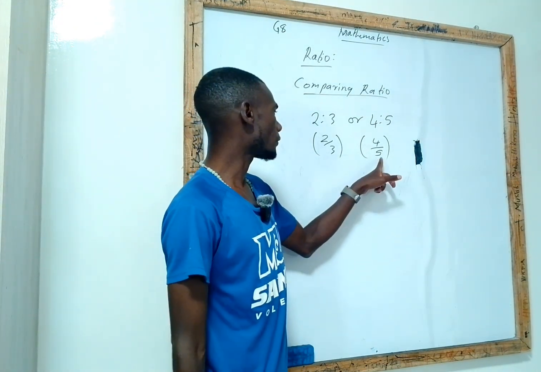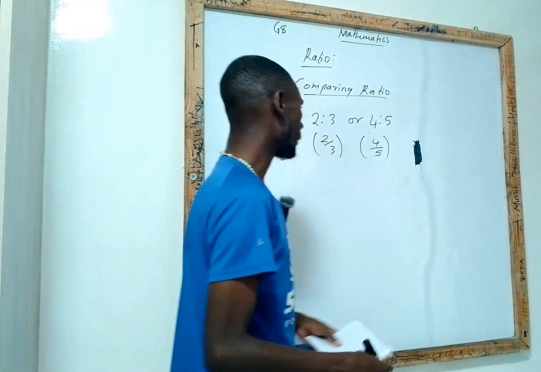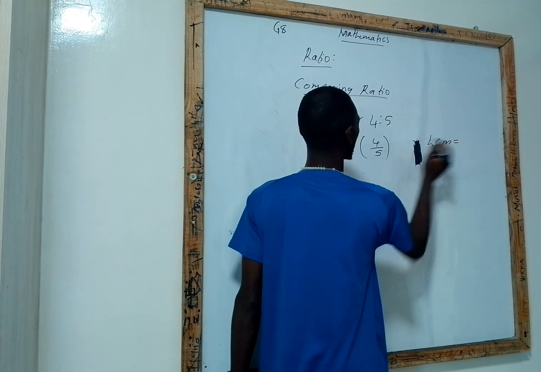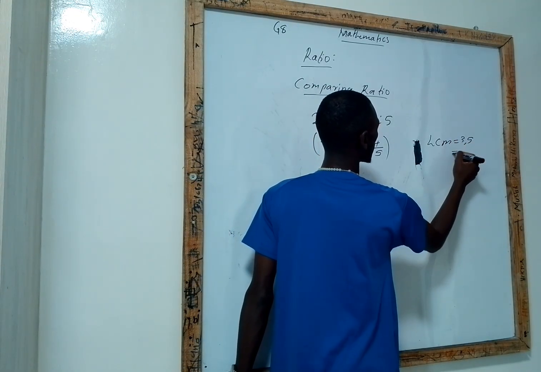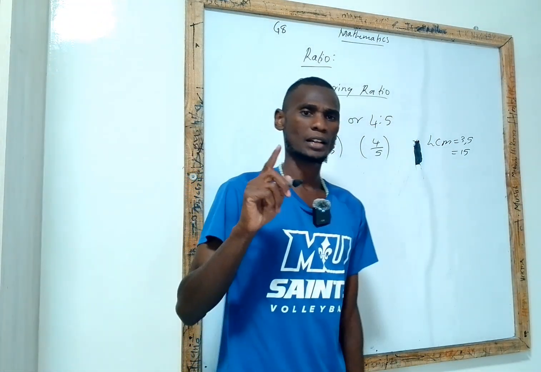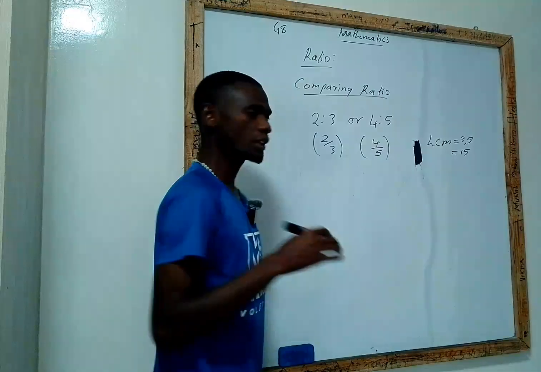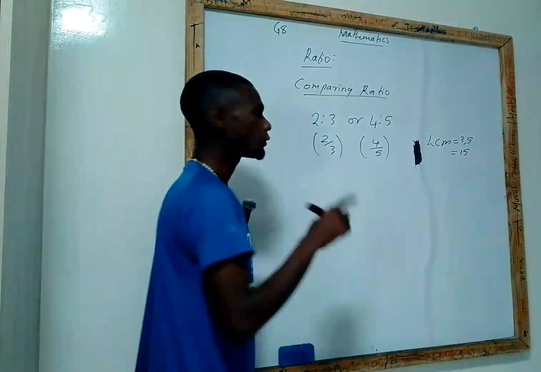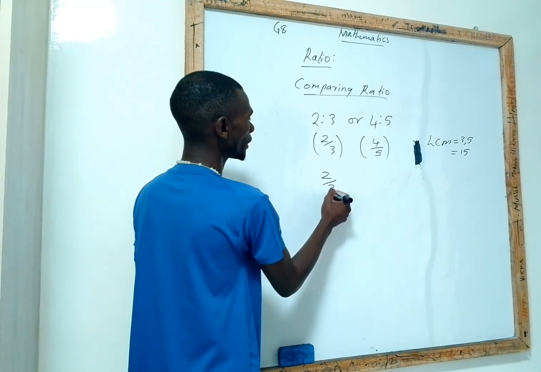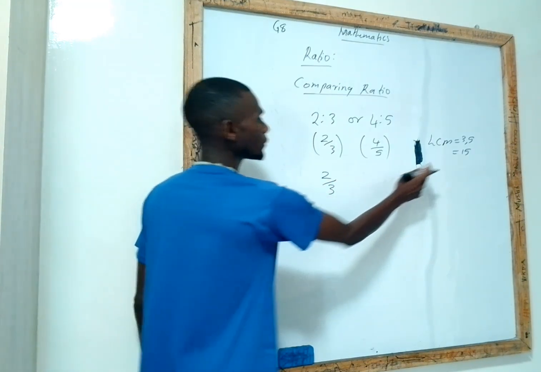So that common denominator is what we call the LCM of the denominators. So the LCM of 3 and 5 is 15. So once we have that 15 as a common denominator, then we rename both the denominators so that we have 15. So we will take the first fraction, 2 over 3, and we want to make this denominator 15.